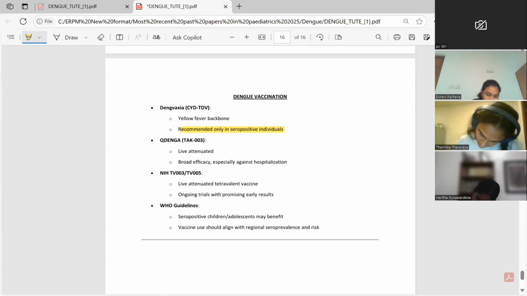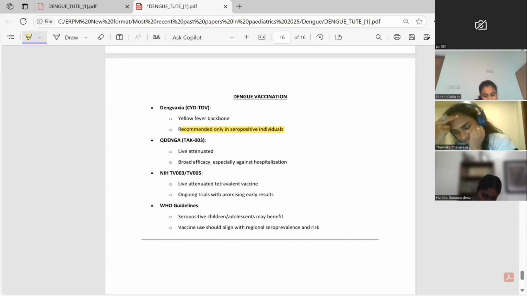And then there is another one called Qdenga. It is a live vaccine, and efficacy is broad, especially in reducing hospitalization when you give this vaccine. Then there are the NIH TB003 and TB005 vaccines, where trials are ongoing.